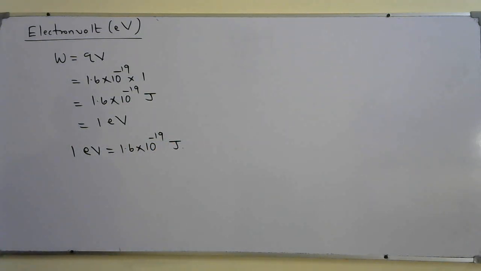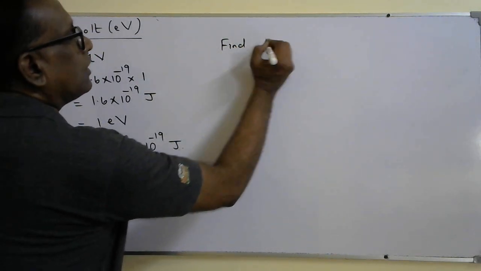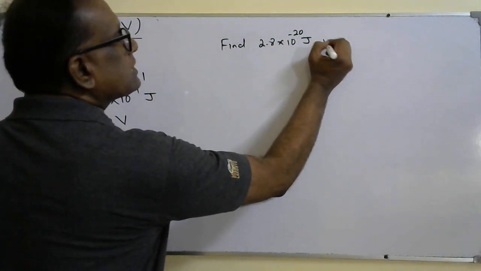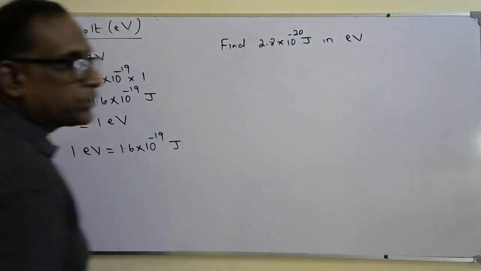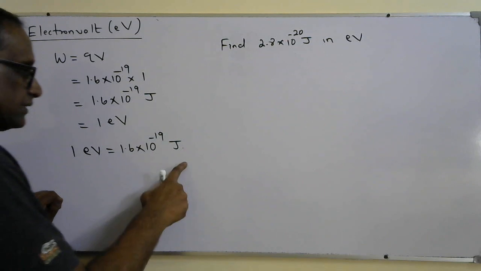Okay, so if you want to convert a joule to electron volt, say for example, find 2.8 into 10 to the power minus 20 joules in electron volt. If this is a question, how to convert, divide this value by this value.